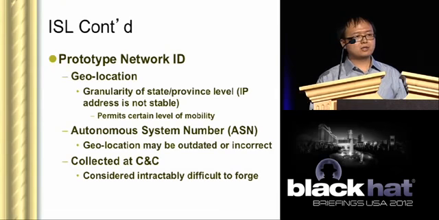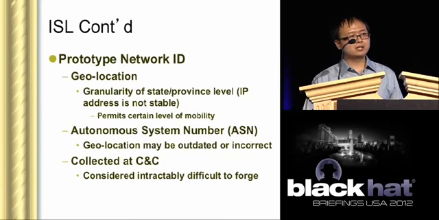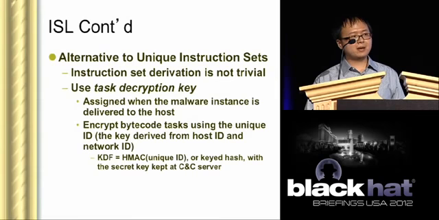And during runtime, when the CNC server receives the request from the client, it will use the runtime ID to generate a task encryption key and encrypt the task, still encoded in bytecode, with this encryption key and send it back to the client. The client will then use the embedded decryption key to decrypt the task and begin interpreting it.